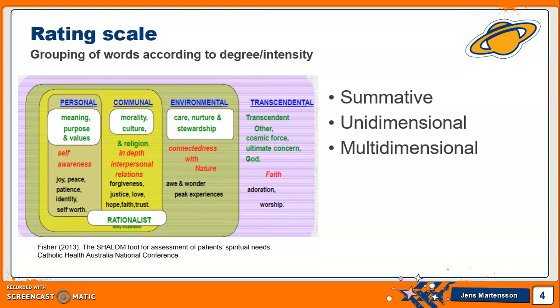In your SH tests, there are 4 domains. Hence, you will have to provide a score for each domain and an overall score for the spiritual health. This indicates that spiritual health test is a multidimensional test.